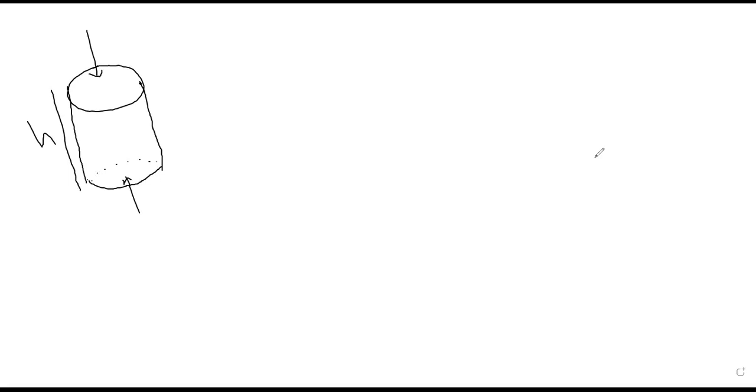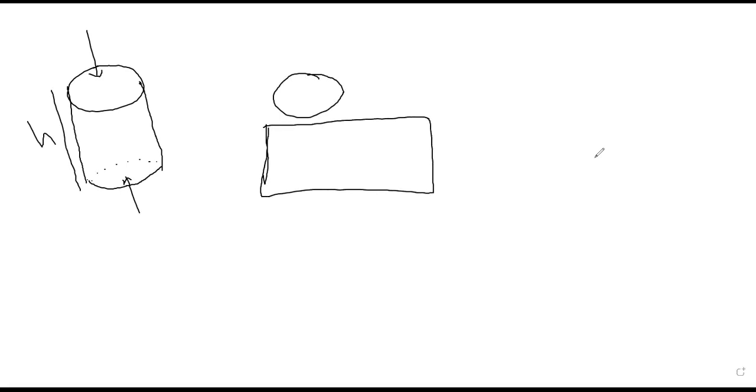Now, let's take this cylinder here. Let's say we are trying to split this cylinder into its parts. If you look at it, we have the circular top, we have the body, which can be cut to form a rectangle, and also we have the circular bottom.